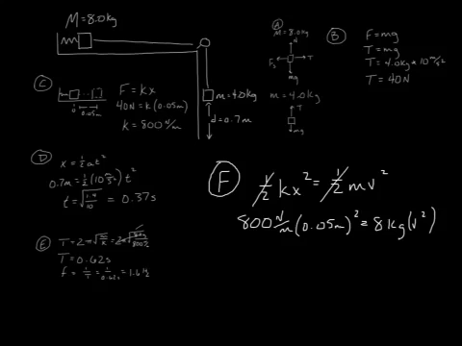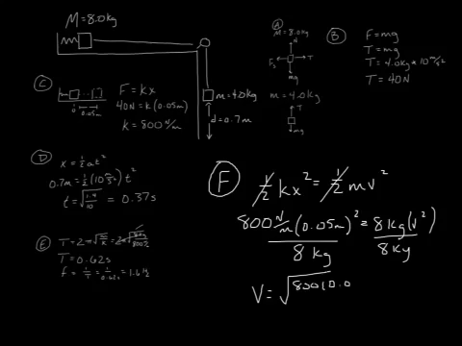In order to find the velocity, we will need to divide the spring constant multiplied by the distance change in the spring squared by 8, and then find the square root of that entire quantity. After calculations, the maximum speed attained by the 8 kilogram block comes out to be 0.5 meters per second.